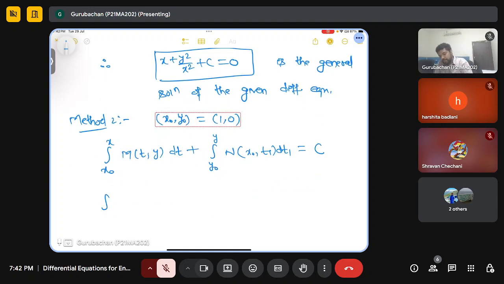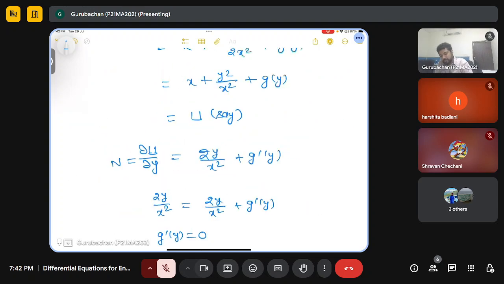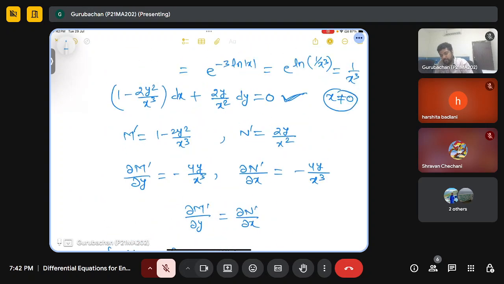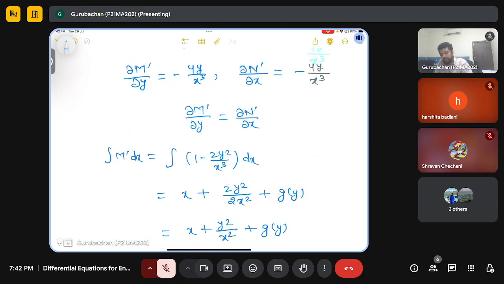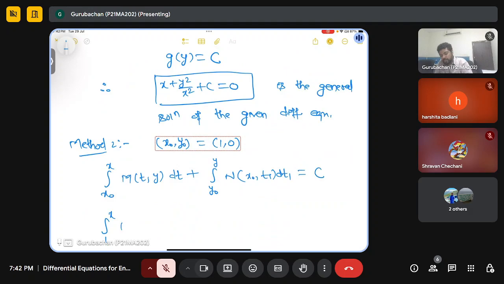So x naught to x, that means 1 to x, and what was M? 1 minus 2y square divided by x cube.